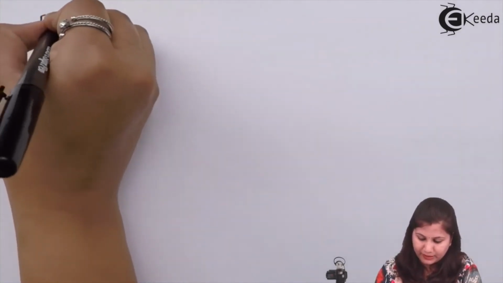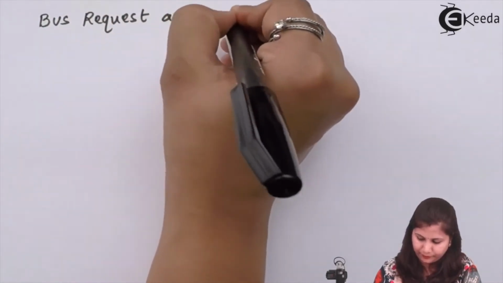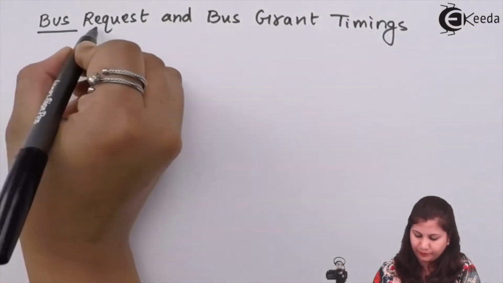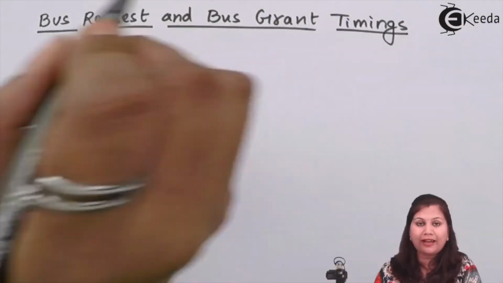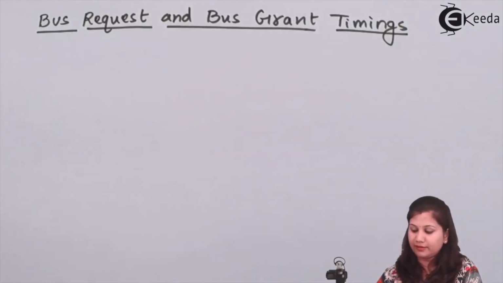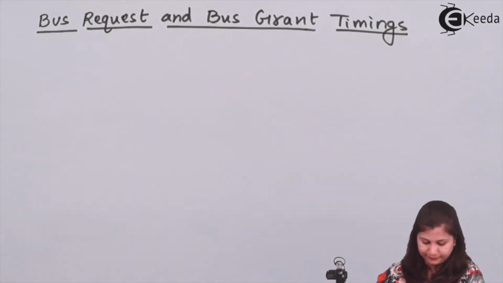So here next we have the bus request. We have two types of signals: bus request and bus grant signals. So let's see the timing diagram for these signals.